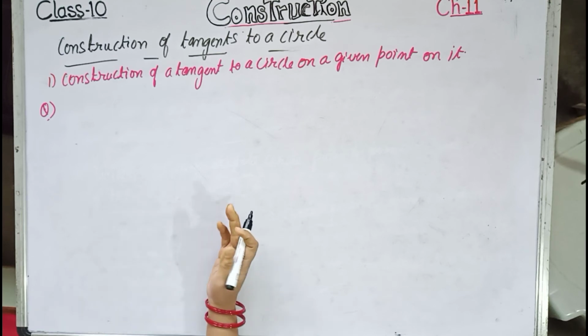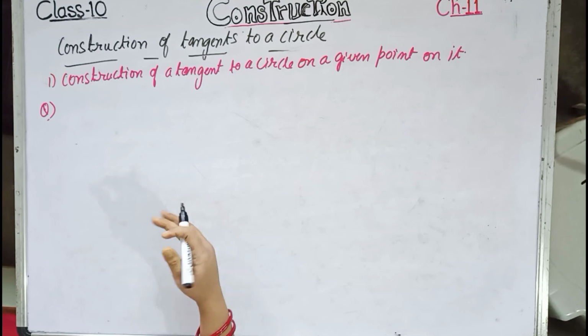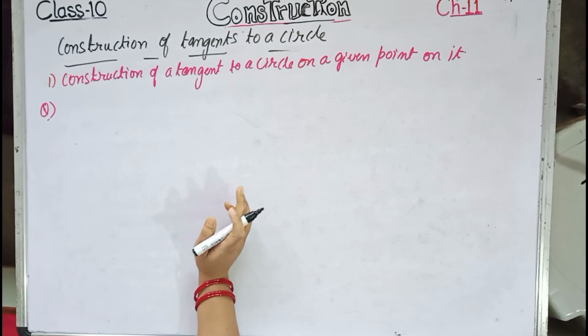Draw a circle of any radius will be given. Take a point, any point P, construct a tangent at that point.